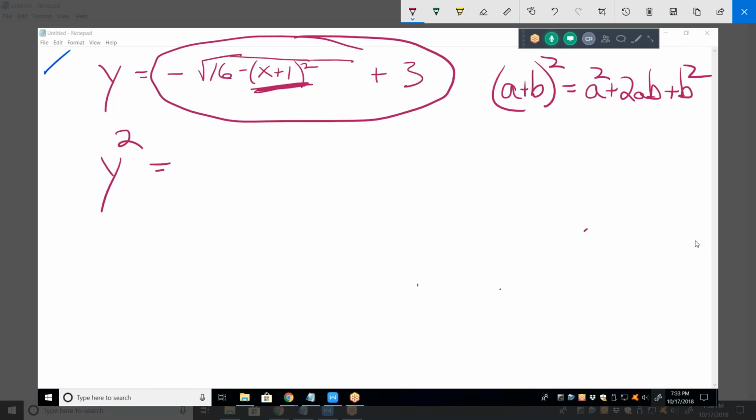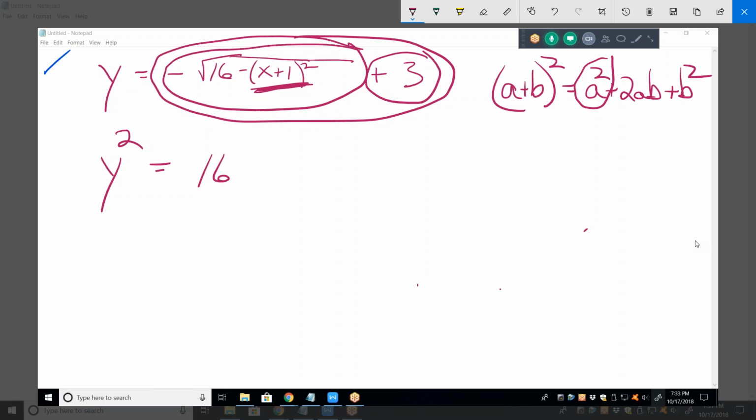So in this case, if I'm squaring both sides, that's a, that's b. The very first term I'm going to have is a squared. That negative sign goes away because I'm squaring it. The radical sign goes away, and I'm left with whatever was inside that radical. That's my a squared.